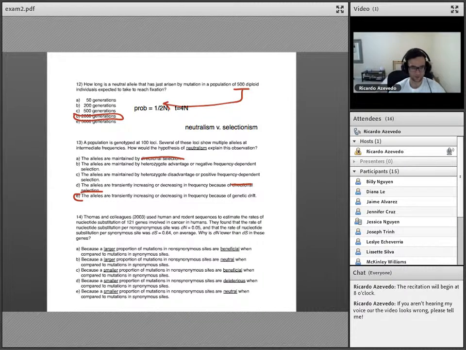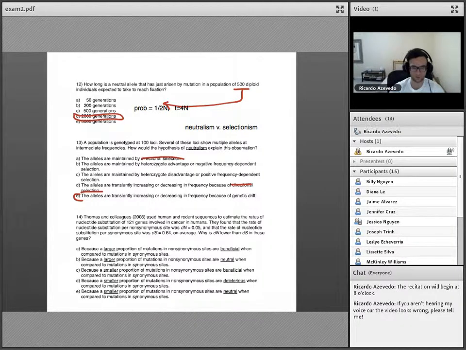Question 14. Thomas and colleagues used human and rodent sequences to estimate the rates of nucleotide substitution of 121 genes involved in cancer in humans. They found that the rate of nucleotide substitution per non-synonymous site was dN 0.05, and per synonymous site was 0.64 on average. Why is dN lower than dS in these genes?